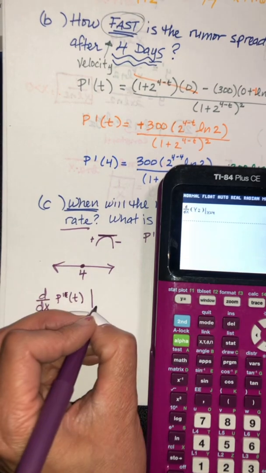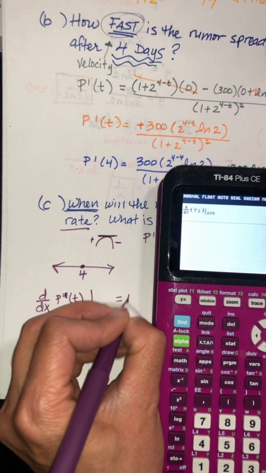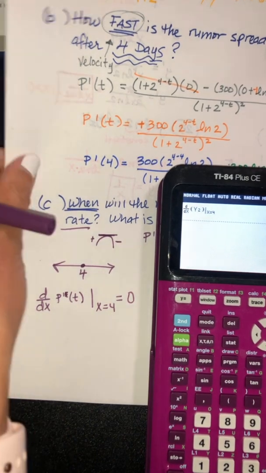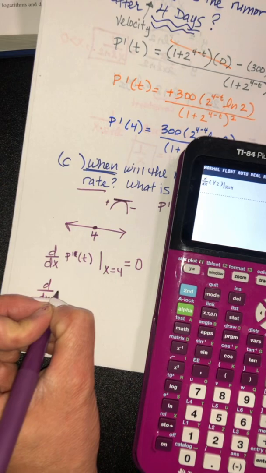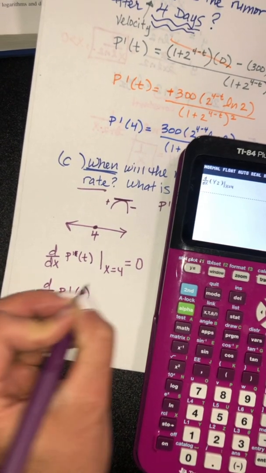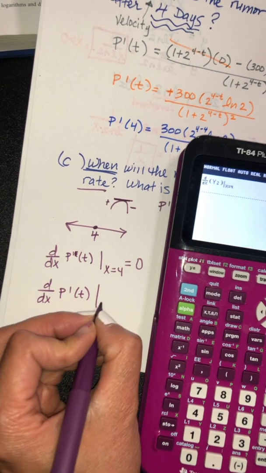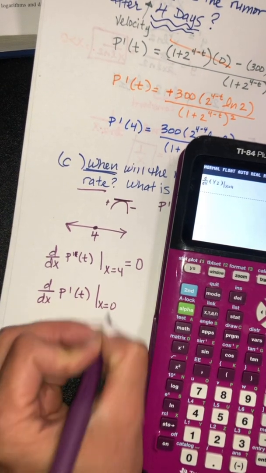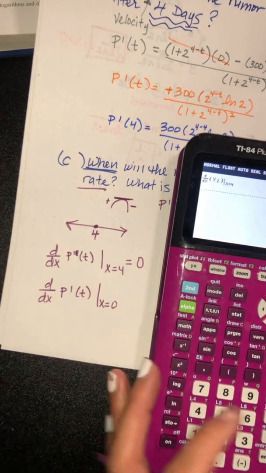This will give us the second derivative at x equals 4, and we got 0. Okay. Now let's try d dx of p prime of t, so taking the derivative of the derivative function, so the second derivative. But now let's try x equals 0. That's a number smaller than 4, so let's see what's happening to the left of 4.